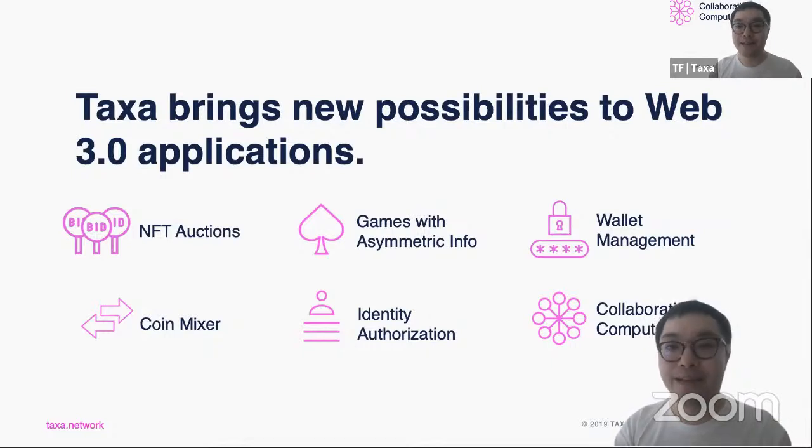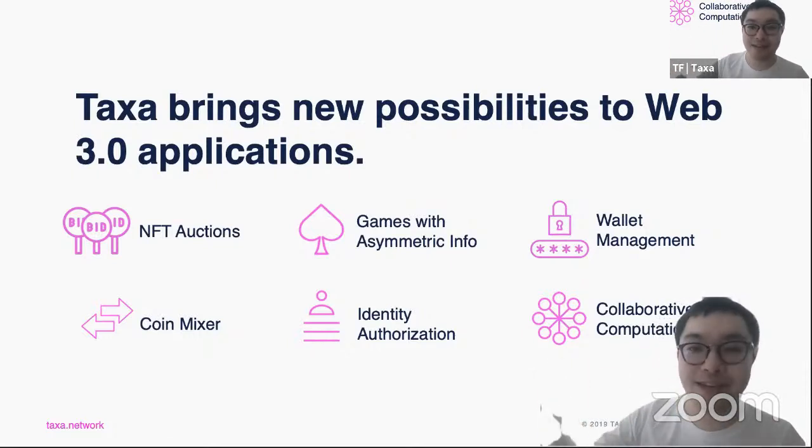And wallet management, which uses the feature that TEE can hold the private keys, allows users to manage their wallets in a more user-friendly way without giving the ownership of their keys to others. And also we can build coin mixers, and identity authentication, which means the TEE service can just tell the authenticator yes or no without revealing the user's detailed privacy.